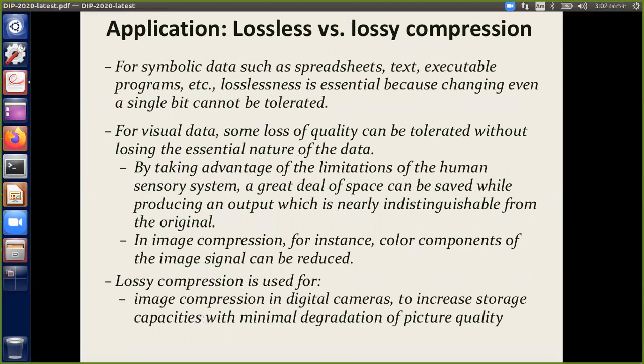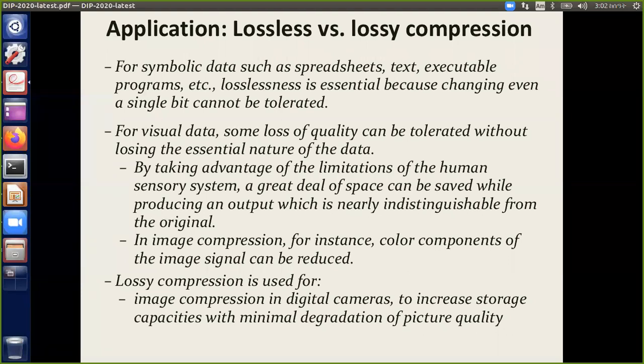So especially for spreadsheets, textual documents, and executable files, we can go for lossless but not lossy. Text compression can always be done using lossless. Executable files should always be compressed using lossless.